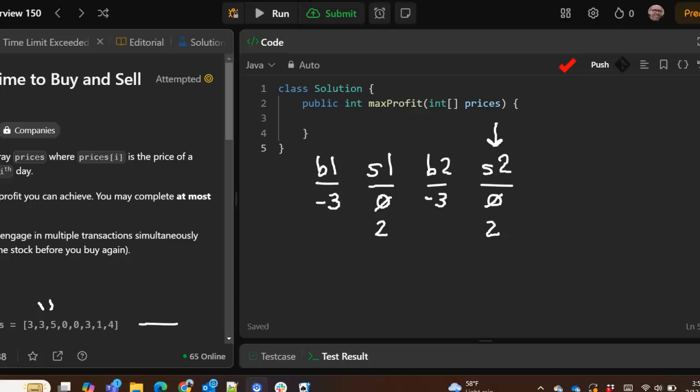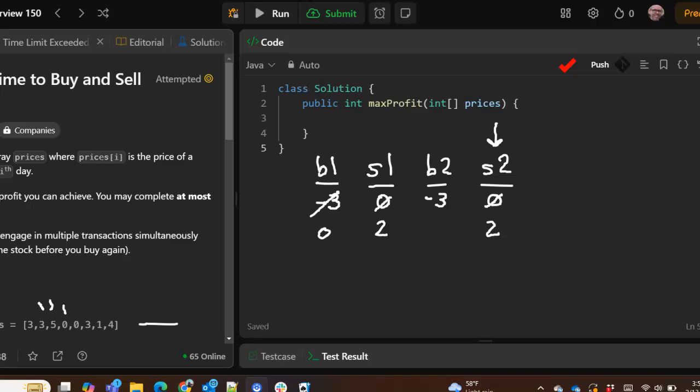All right, next number, 0. For the first balance, we want the max of whatever the first balance is now, or the negative current price. Well, negative 0 is 0. So actually, let's fix that. Instead of buying at 3, we could buy at 0.